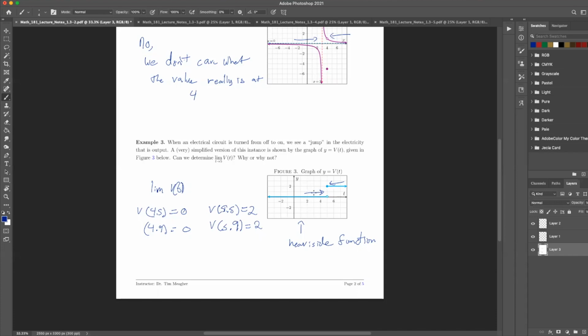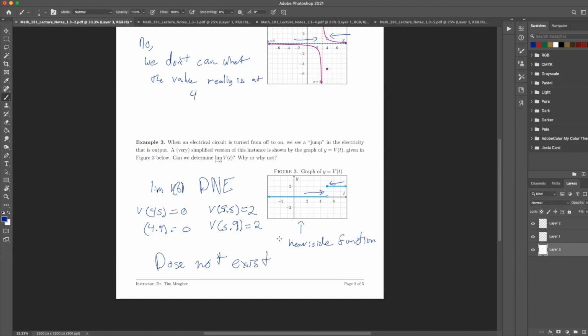So as we're walking in from the left side, it looks like 0. If we're walking from the right side, it looks like 2. And so it's not really converging to a number. It's not getting arbitrarily close to a number. It's actually getting, in this case, arbitrarily close to 2 numbers. And so in this case, we're going to say the limit is DNE, which stands for does not exist.